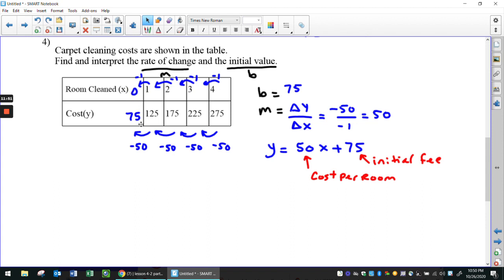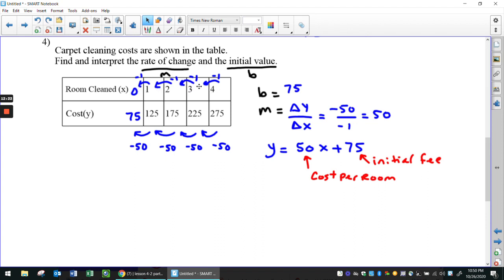That's our initial cost. For 0 rooms, how much does it cost? If they're coming in to clean the carpets, they're going to charge $75 for just coming in. That's how we're calculating it, going backwards to see, when x is 0, what is y? At the end here, we're taking 125 and subtracting 50, and we're getting 75.